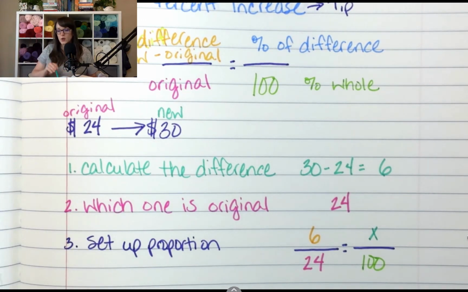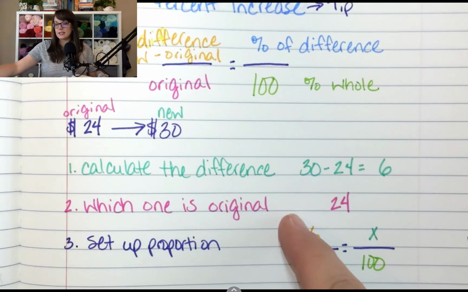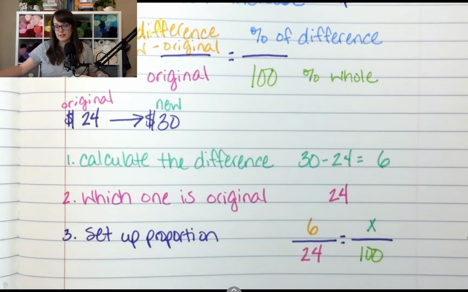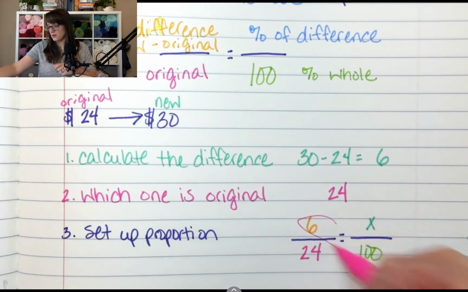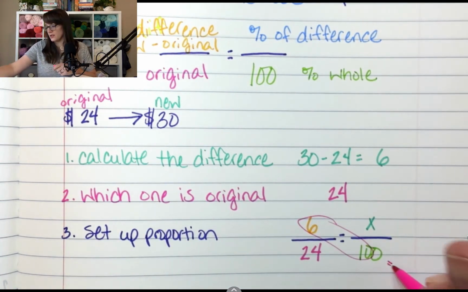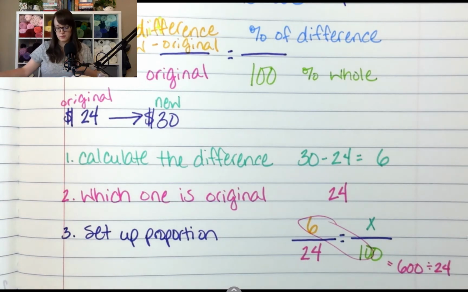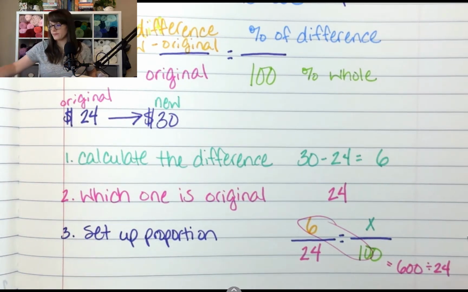All right. So first thing I need to do here, 6 times 100 is 600. So I do this times this, and that's 600. And then divide by 24, which is 25.